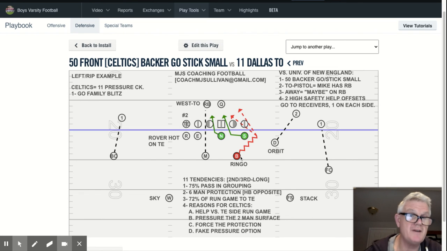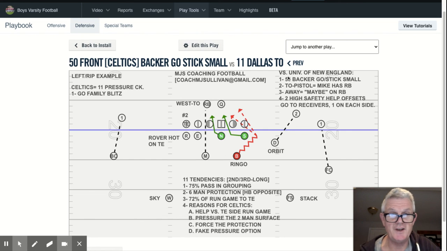We'll have the backer hedge to the edge, but it's all a fake. And so he'll do it a little bit earlier. And then before the snap or just on the snap, he'll hustle back to play his base 51 technique. So then we'll do that a couple of times if needed to set up our Celtics.